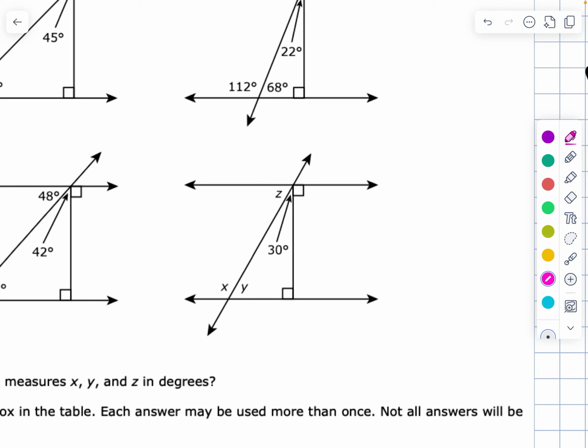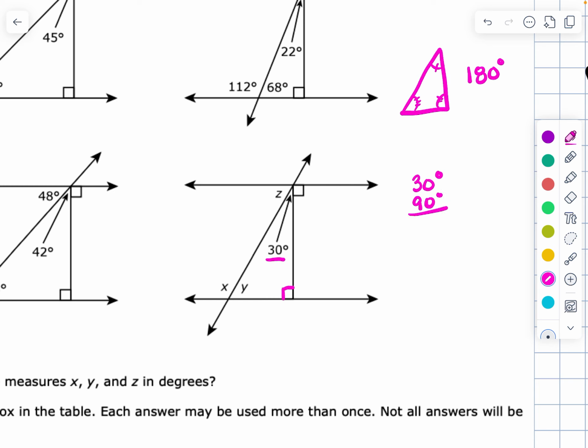Okay, so if I want to solve for y, that's what I see first. There's a triangle, and in every triangle, all the angles add up to 180 degrees. Always, any triangle. So we know two angles in this triangle. We've got this 30 degrees, and we've got this 90 degrees.